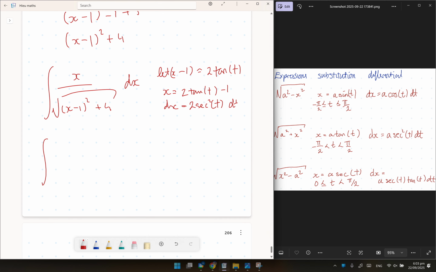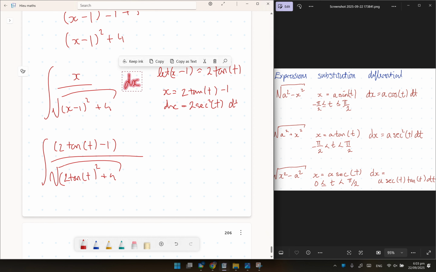Now x minus 1 is equal to 2 tan t, and x is 2 tan t plus 1, which we substitute into the numerator. We put x minus 1 equals 2 tan t into the denominator, giving the square root of (2 tan t) squared plus 4, and in place of dx we put 2 sec squared t dt.